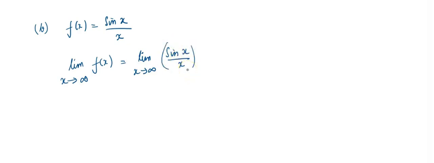Now when you see these kinds of things, especially a trigonometric function like this over x, you should be able to recall the squeeze theorem, because in fact there's a specific relation that we get from the squeeze theorem.